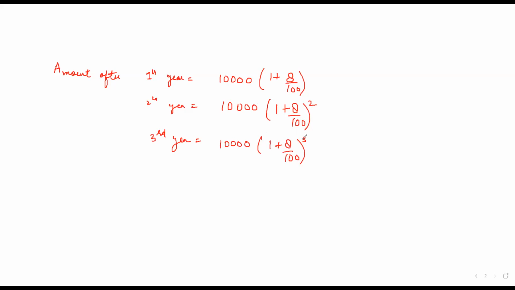No, ma'am. No. In all the examples, you can write the nth term also, if you wish. So after nth year, it will be 10,000 into 1 plus 8 upon 100 to the power n. So we can again see that a constant number is not being added here, but is being multiplied. 1 plus 8 upon 100 is being multiplied in every term, not added. So this is not an AP.